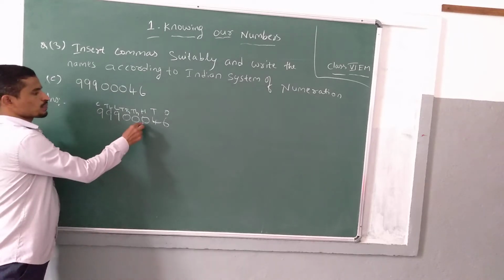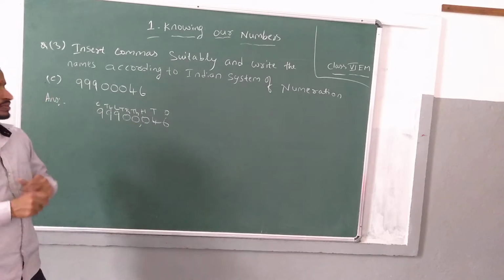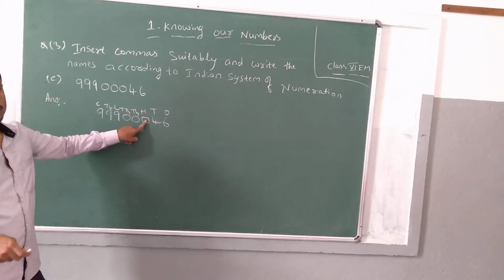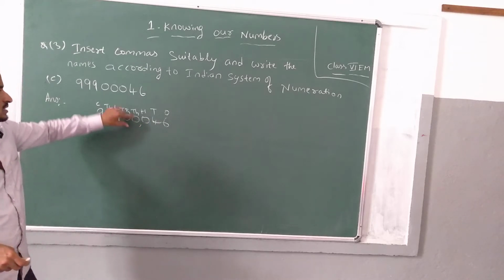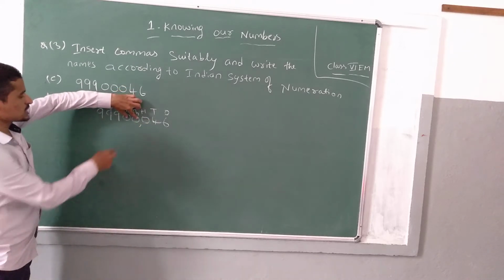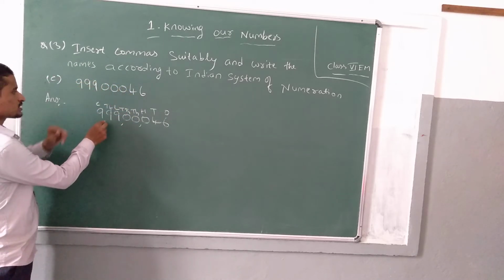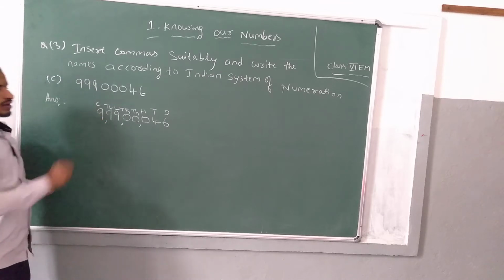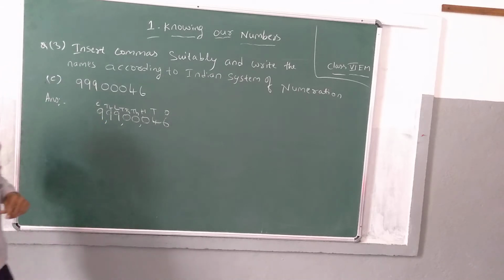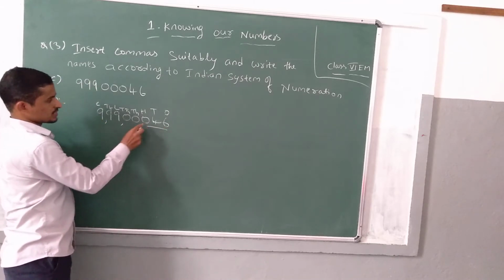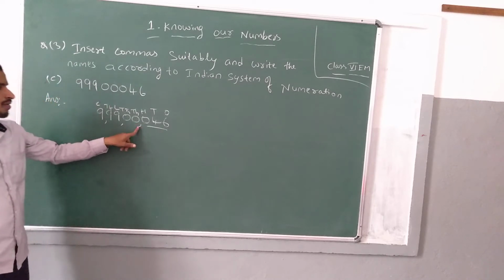Okay, after this you have to put the comma. How to put the comma? 1, 2, 3 digits you have to leave and put the comma. Next, you have to separate the 1000, 2 digits leave, put the comma. You have to separate the lakhs, 10 lakh, by putting the comma. First I separated hundreds, I assigned the comma.